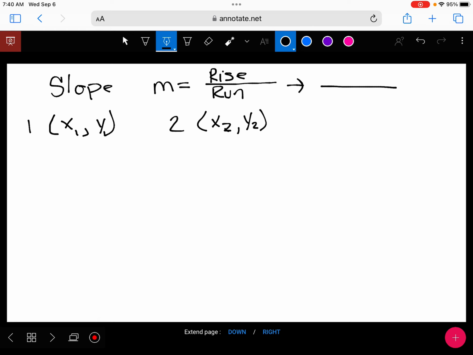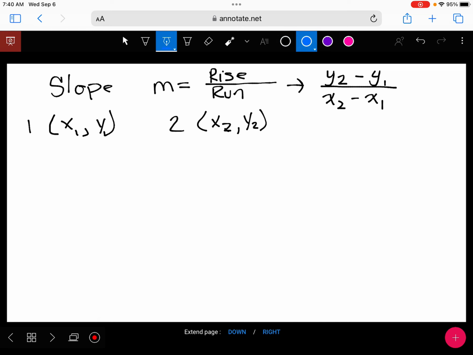So we're going to take one of our points. It genuinely does not matter which one. Traditionally, we write this with y2 in front because usually it's bigger. Minus y1 over x2 minus x1. So it's the change in y's over the change in x's.